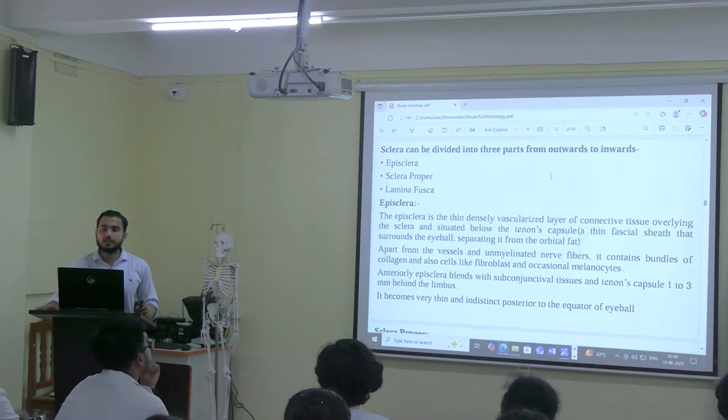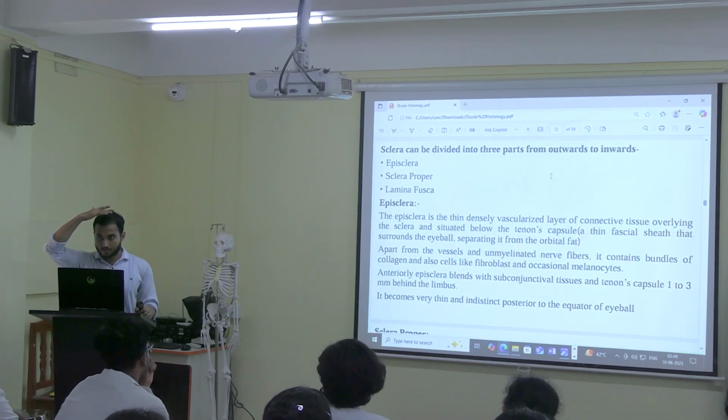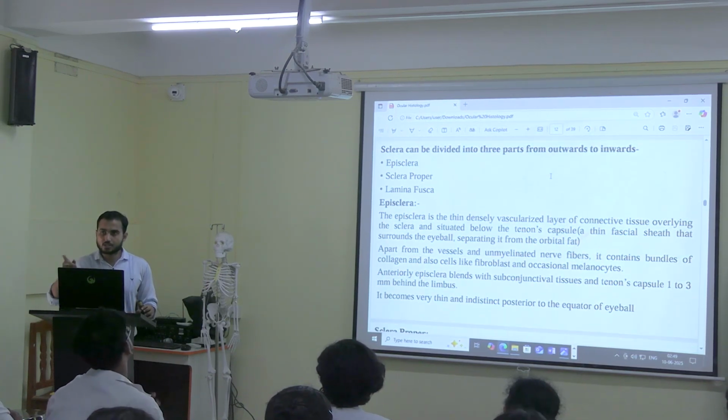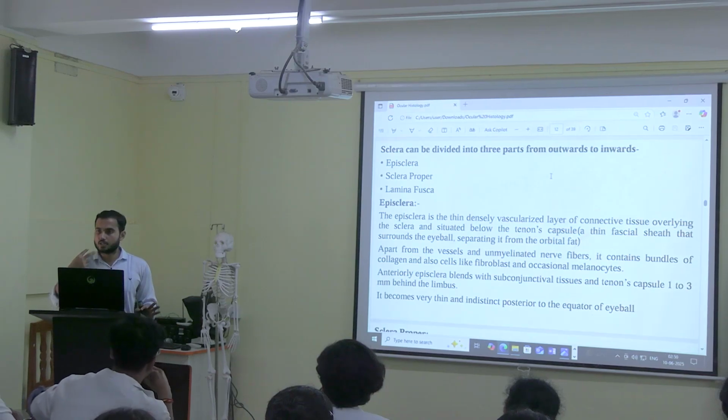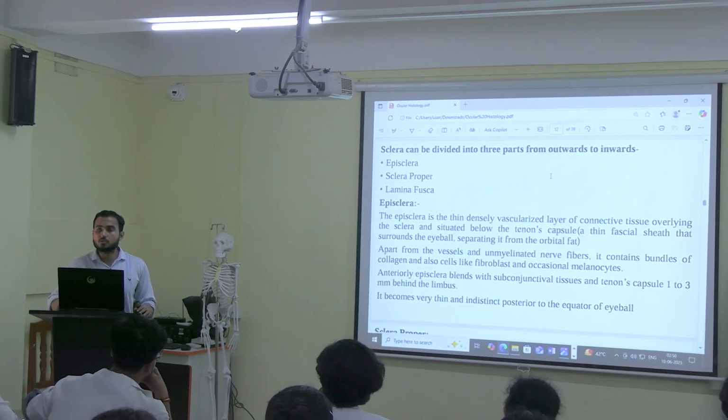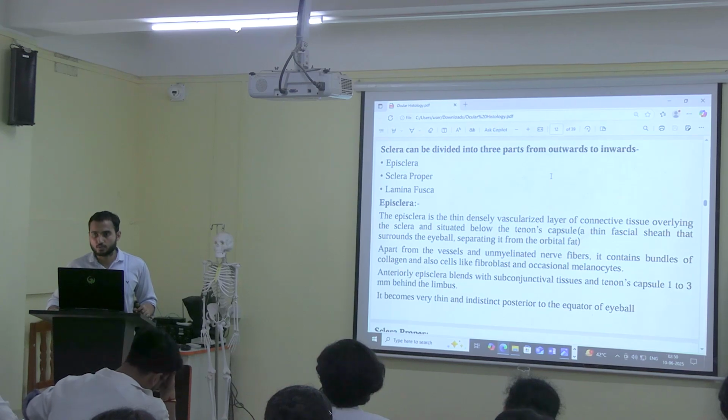Now you are studying the skull. In skull, I hope you have studied the norma verticalis and norma occipitalis also. Norma frontalis you have not studied. When you study the norma frontalis, at that time you have to study about the orbit, which I have shown you just now. At that time you will know about the Tenon's capsule.